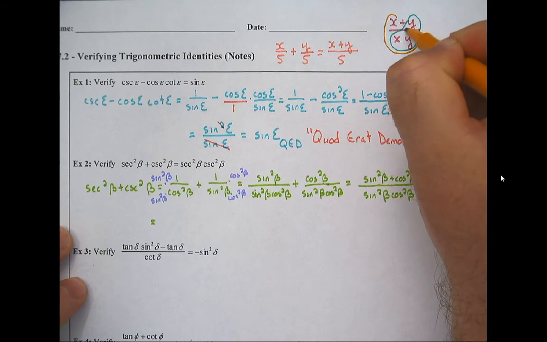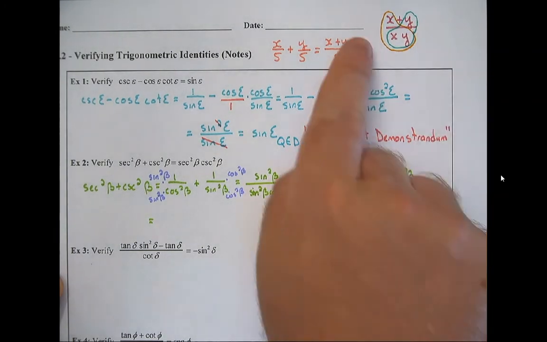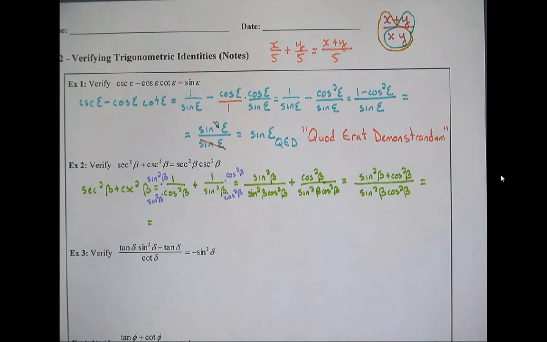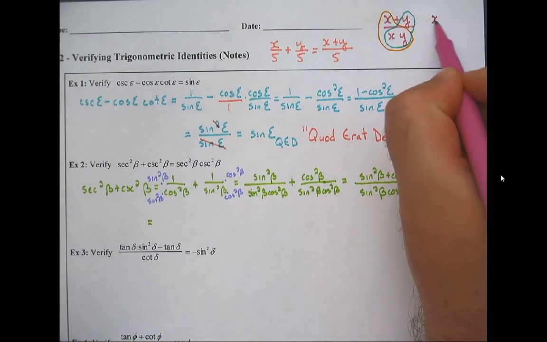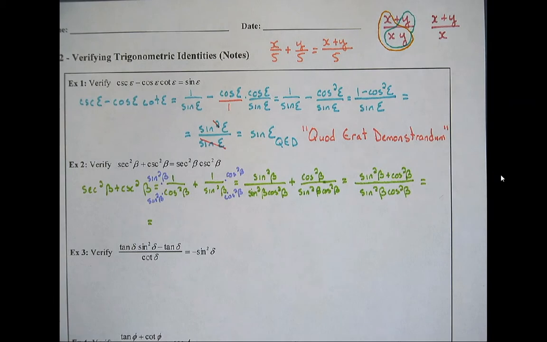If I take the x over the xy and then the y over the xy, do any one of those share things in common? No. These two share a y, these two share an x, but all of them don't share something in common. This cannot reduce. Another thing you might see is this, x plus y over x. Does this reduce? No, this does not reduce.